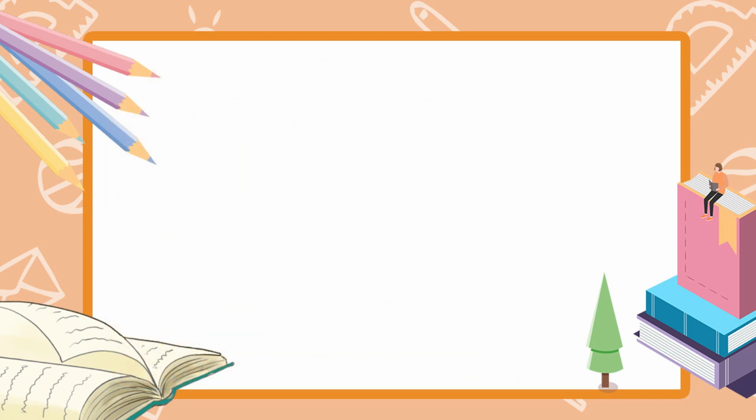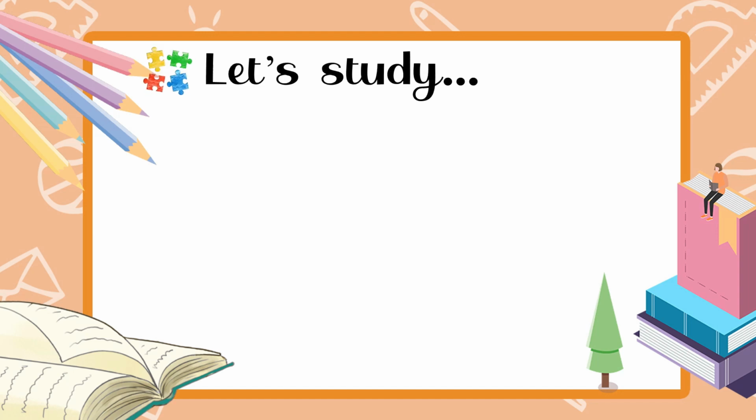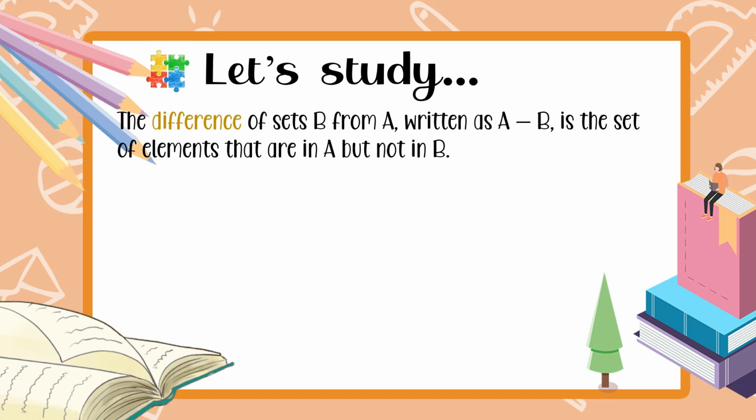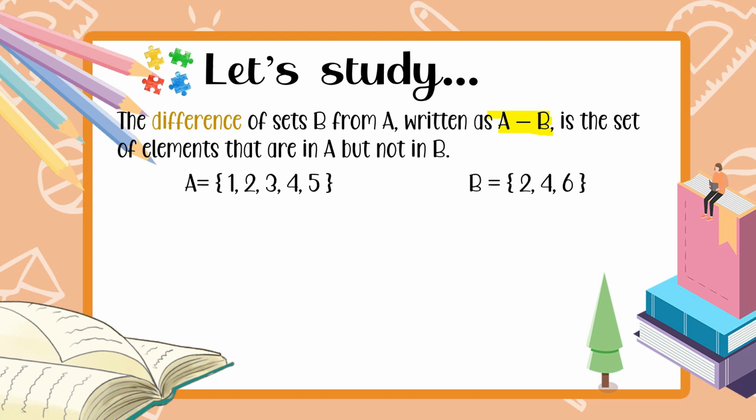Now that we're done with the intersection and union, let us now continue with the difference. The difference of sets B from A, or it is written as A minus B, is the set of all elements that are in A but not in B. Example. Same sets pa rin. A is the set of elements 1, 2, 3, 4, 5, and B we have 2, 4, and 6.